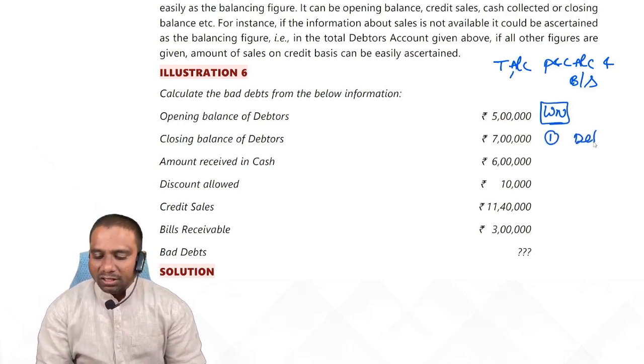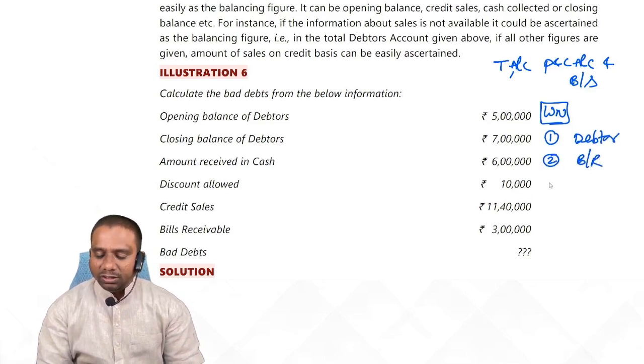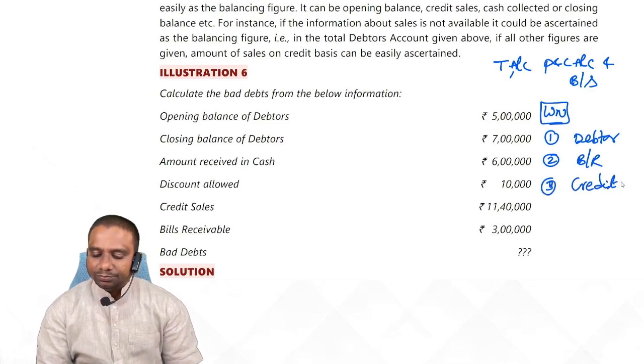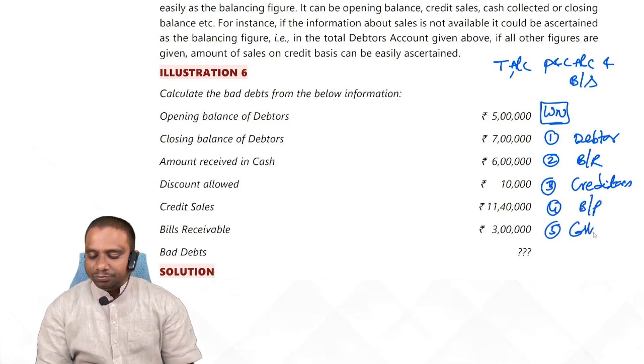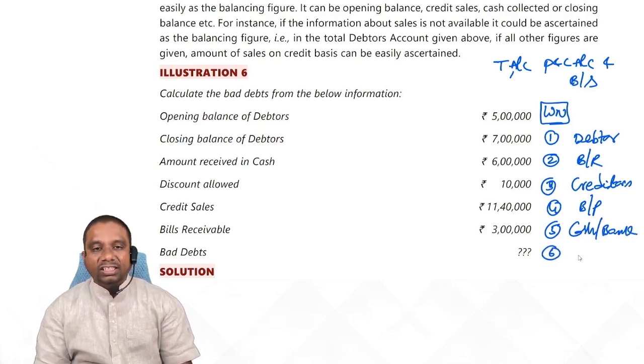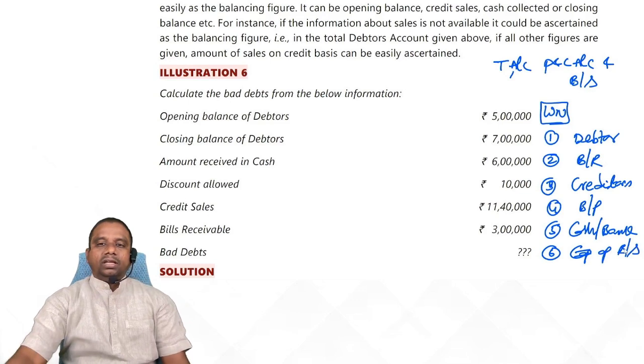First one, debtors account. Second one, bills receivable account. Third one, creditors account. Fourth one, bills payable account. Fifth one, cash or bank account. Sixth one, if there is any need, then we prepare an opening balance sheet.